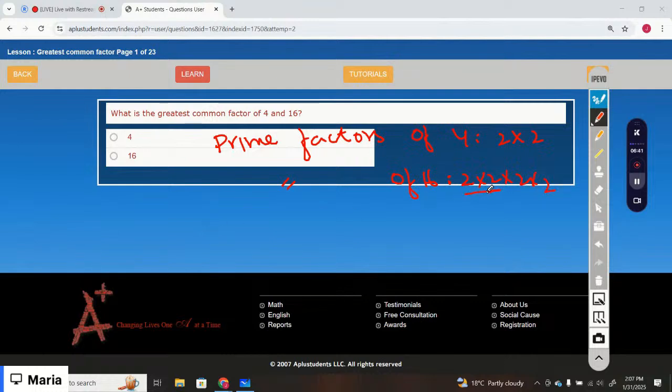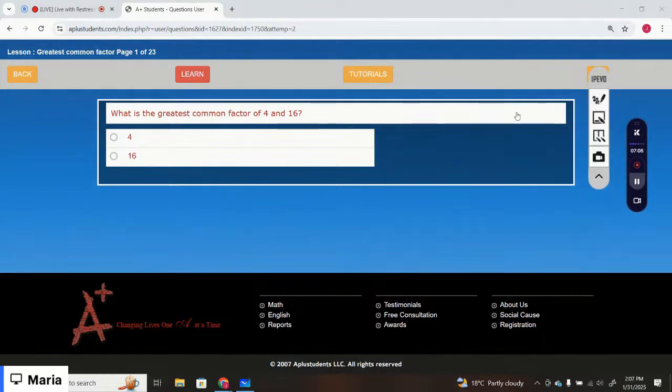So the common factors are 2 times 2, that is 4. So the GCF, the greatest common factor, is 4. Got it? So the correct option is one, that is 4.